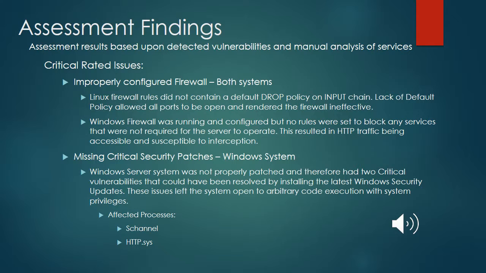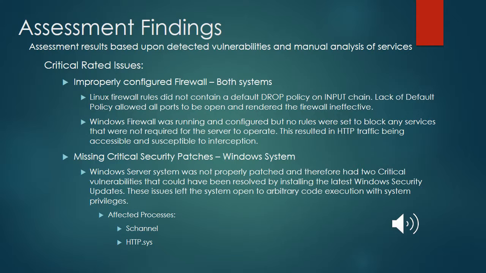For one example, there was HTTP enabled on the Windows server, and this was not a required service on the Windows system. So this was not being blocked in the firewall, and therefore would allow this service to go out across the traffic in an unencrypted state.